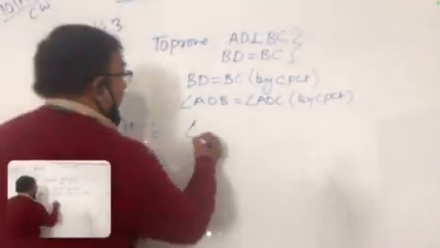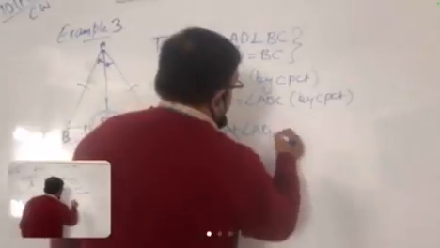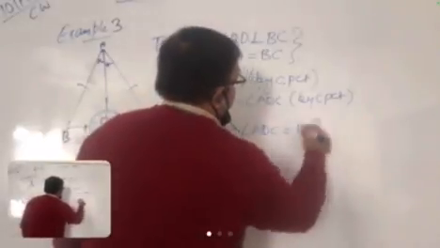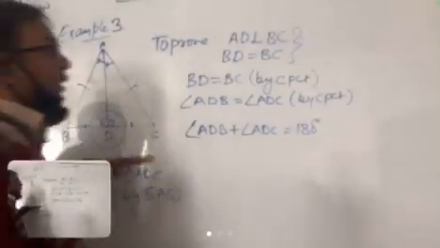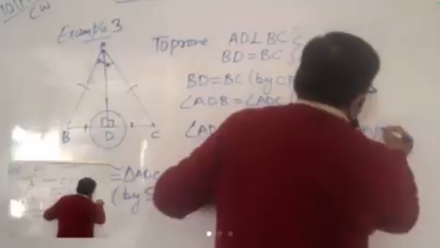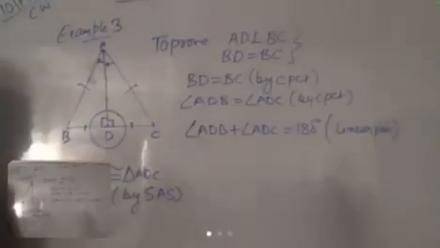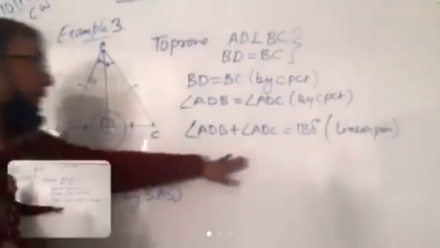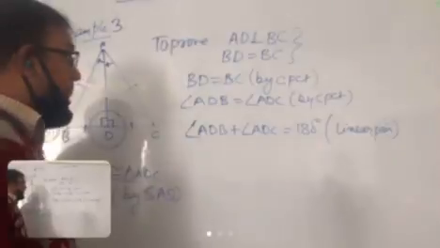Now angle ADB plus angle ADC is equal to 180 degree. BC is a straight line, or we can say that this is a linear pair. Linear means on a straight line, angles on a straight line can add up to 180 degree.